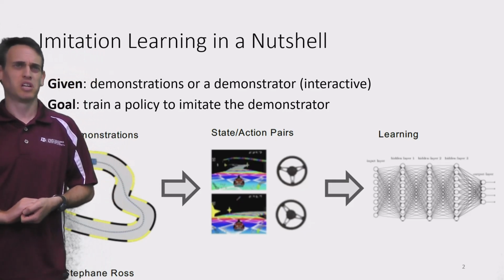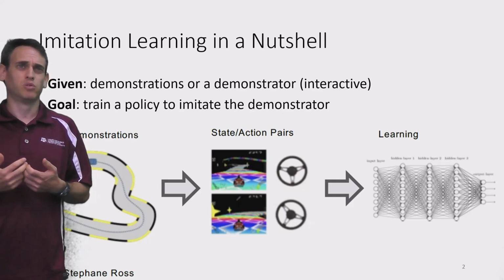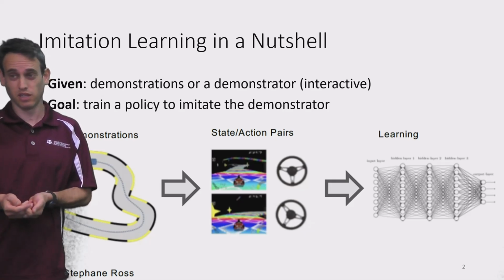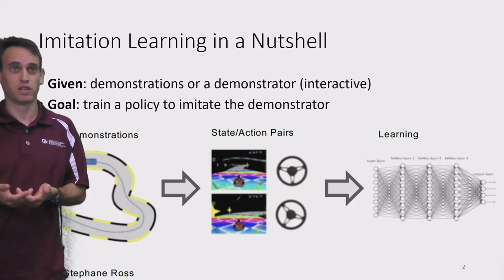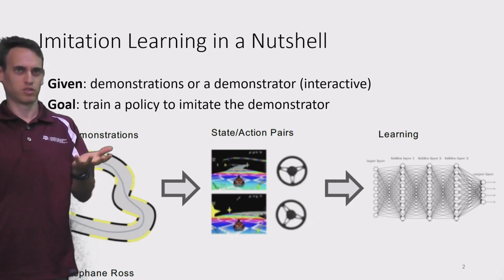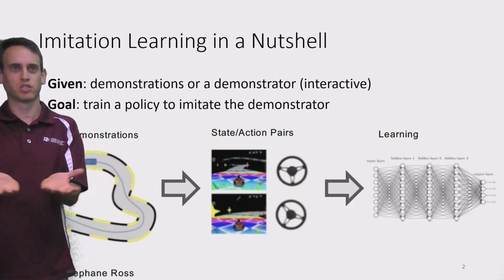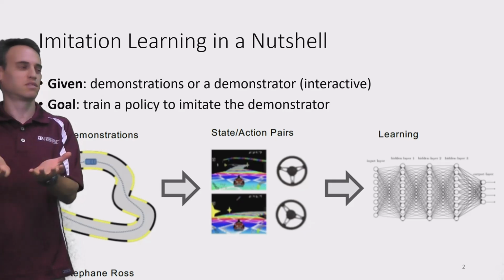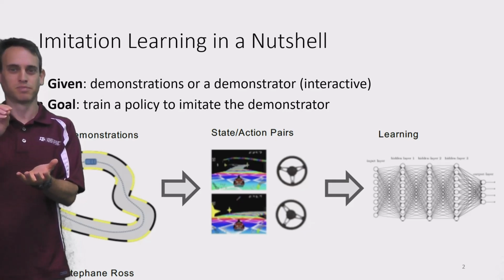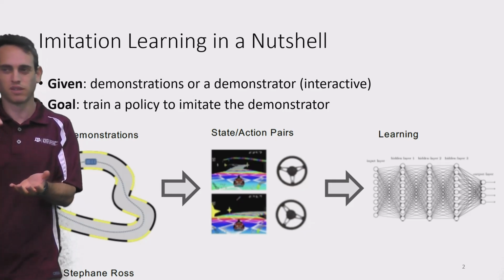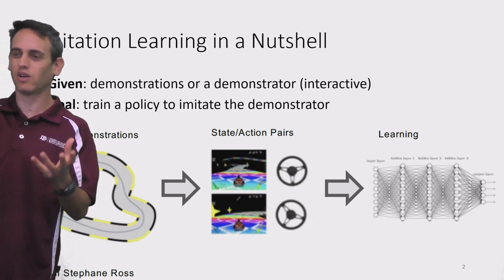So in general, we won't be able to train a policy that perfectly imitates the demonstrator, but within the approximation space, we can find the best fitting approximator under our assumptions.